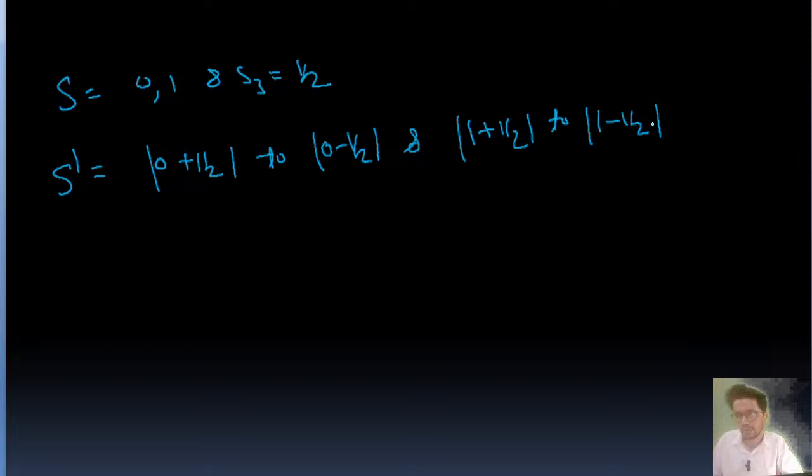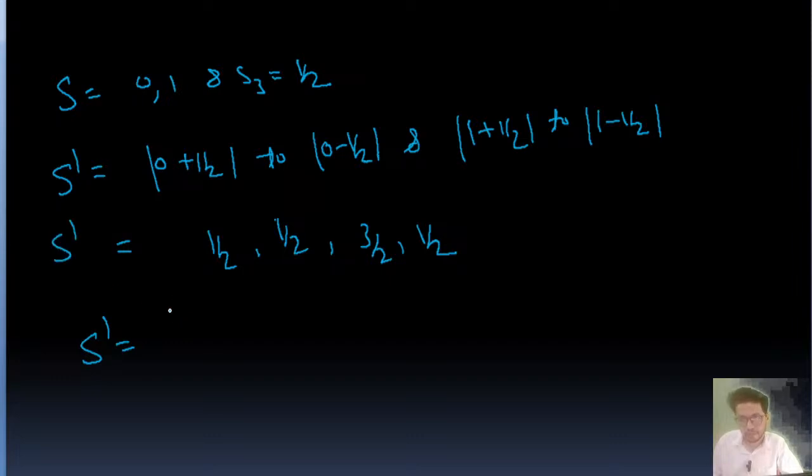This value is going to be half comma, half, mod half is half, right? Comma 3 by 2 comma half, right? So S total value is going to be 3 by 2 and 1 by 2. So these are the values, right?